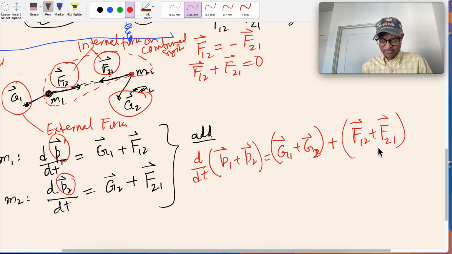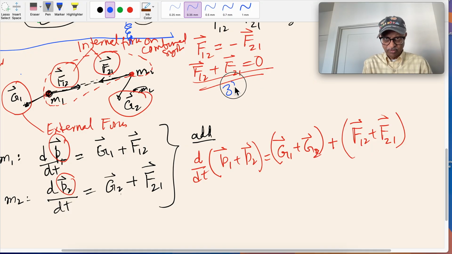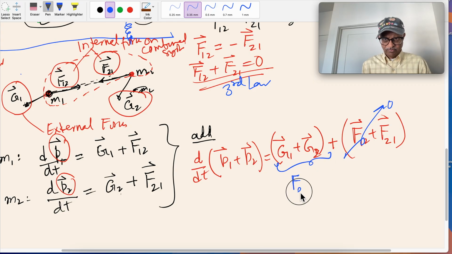These are internal forces, and we already learned internal forces cancel each other from the third law. So this goes to 0, and this is all external. Let's call this F external, the net force on 1 and 2, so we can just call it net.